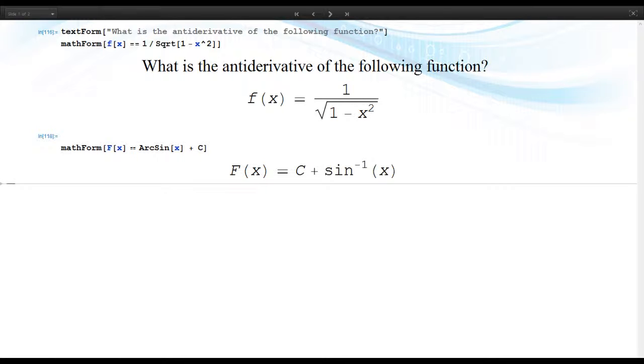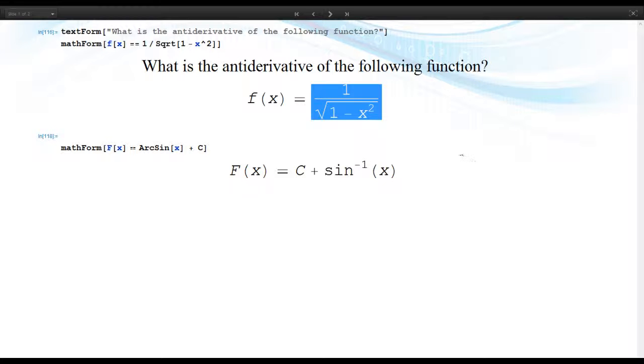But what we can do, if we wanted to find an antiderivative, is we could do something called a trig substitution. So looking at this expression here, this fraction, we want to take advantage of the Pythagorean theorem.